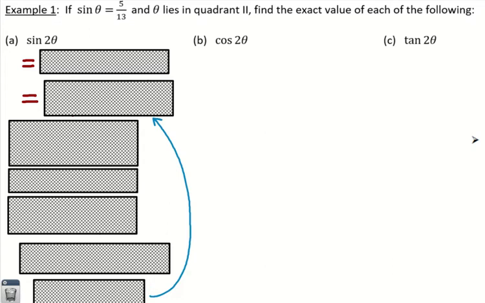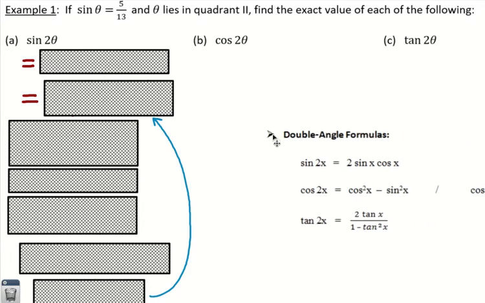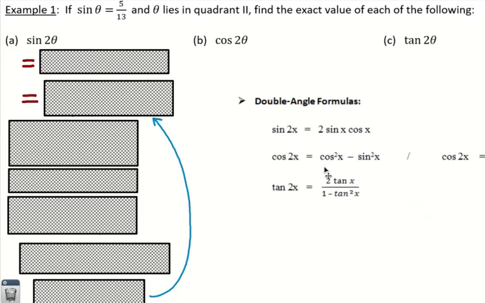If you look at your formula sheet, I don't know if we're on the back of the paper yet, but we might be at the bottom of the front side, or maybe we're on the back. Anyway, the double angle formula shouldn't be that tough to find.